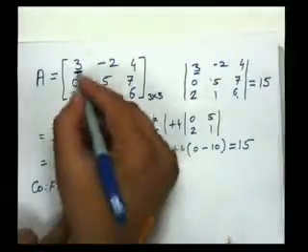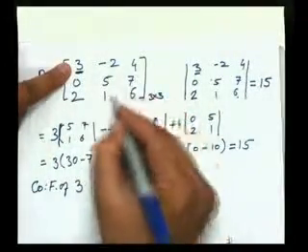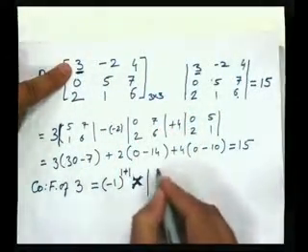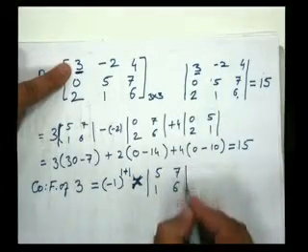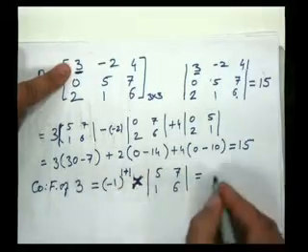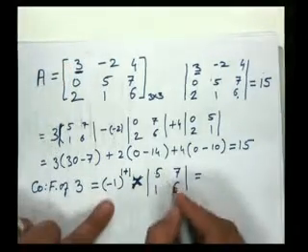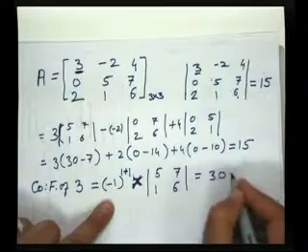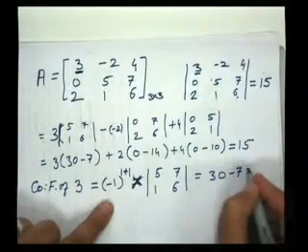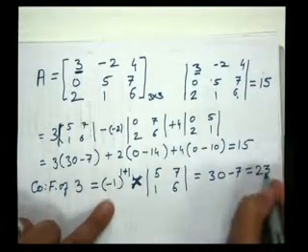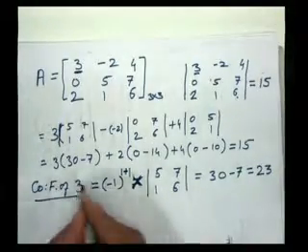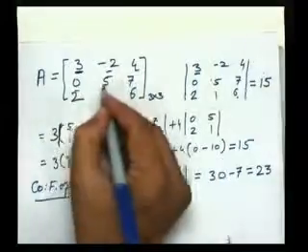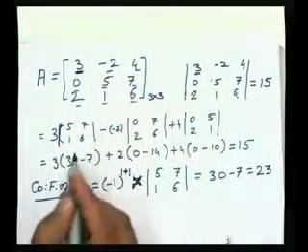So the minor of this 3 is 5 7 1 6. So this is equal to minus 1 raised to 2, which is positive. So 5 into 6 is 30 minus 7. So this is equal to 23. Okay. So similarly we can find the cofactors of the other elements, minus 2, 4, 0, 5, 7, 2, 1, 6. Okay.